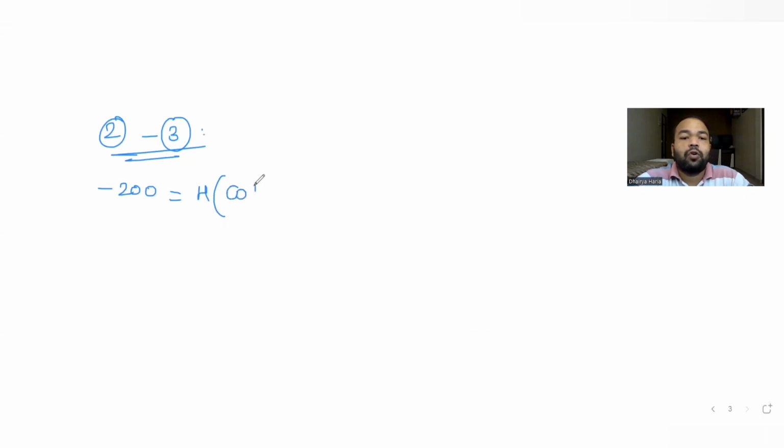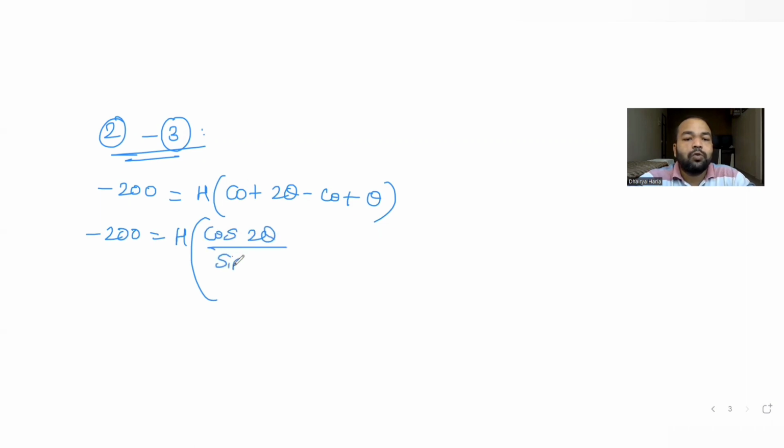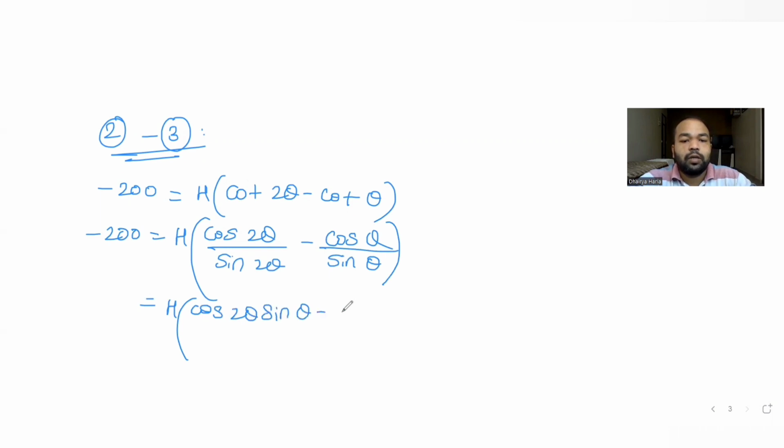So minus 200 is equal to H times cot 2 theta minus cot theta. Again I can write this as cos 2 theta upon sin 2 theta minus cos theta upon sin theta, which gives H times cos 2 theta sin theta minus sin 2 theta cos theta, upon sin 2 theta into sin theta.